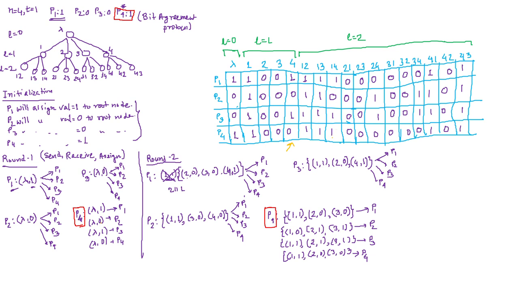Coming to last row, here at round 2, P4 has told P4 that P1 has told P4 that its root node entry is 1. Okay.